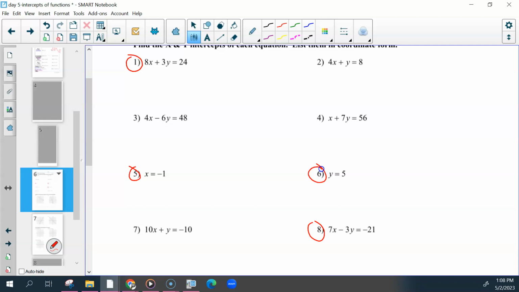Okay. So starting with number 1. Again, it does not matter whether you find x or y first. Let's say I'm finding my y-intercept first, just because. If I'm finding my y-intercept, my x value has to be 0. So that rule is still the same. You can put 0 in for x. And then you're going to solve for y.